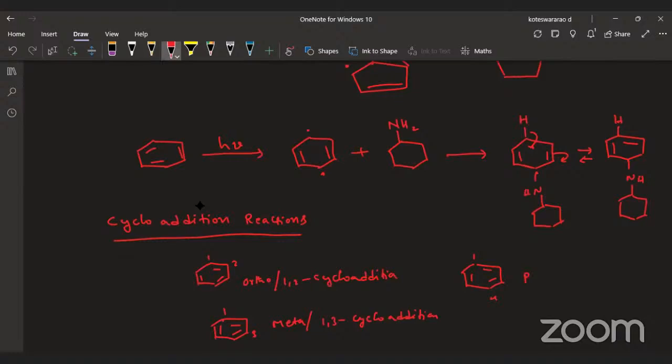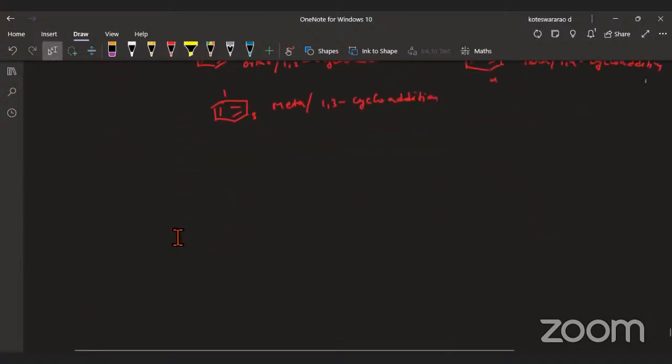This is called para or 1,4 cycloadditions. Now, these reactions are again classified into cross-reduction reactions.